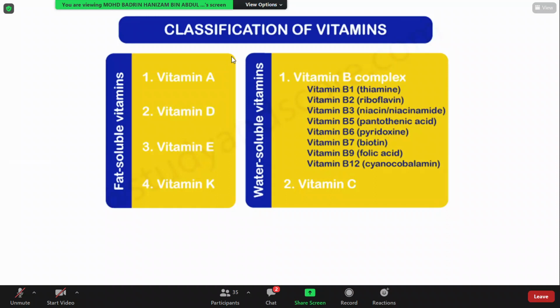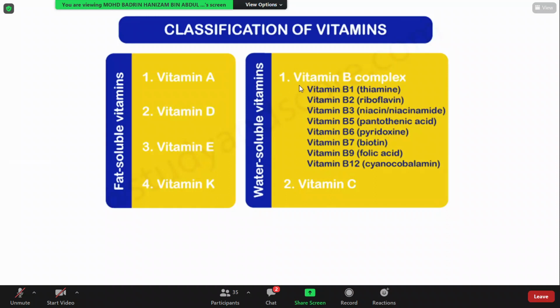For fat-soluble vitamins, we have been taught in secondary school, maybe, to use the term ADEK, but it's up to you how you memorize it as long as you know what's in the fat soluble vitamin category: vitamin A, vitamin D, vitamin E, and vitamin K. All these four vitamins are only soluble in fat, so they are called fat soluble vitamins.